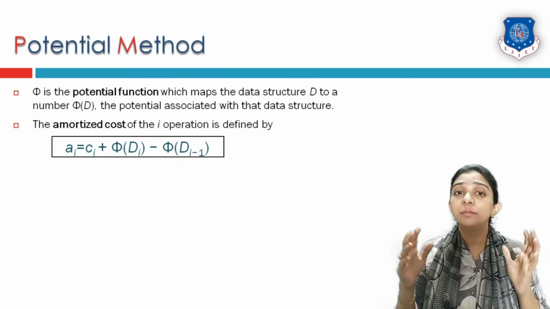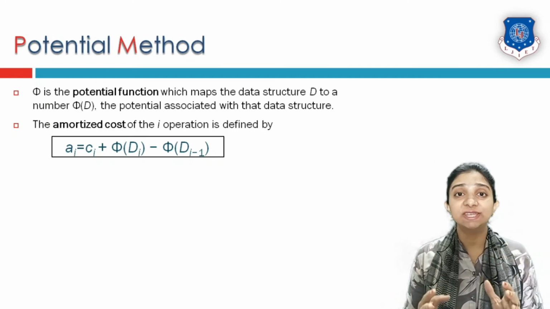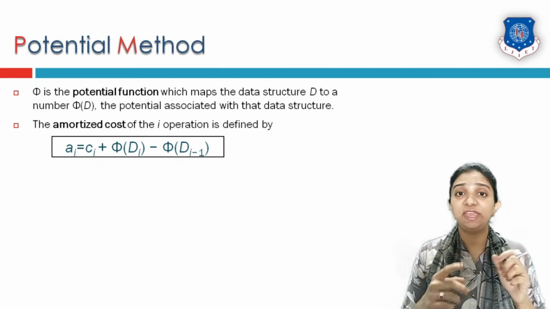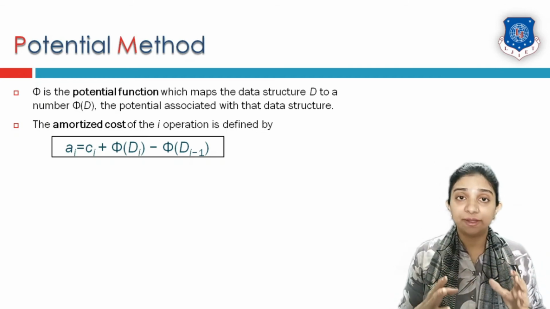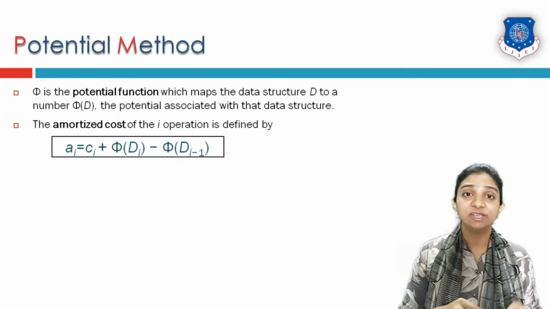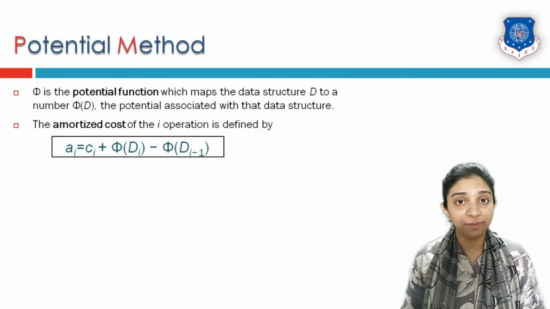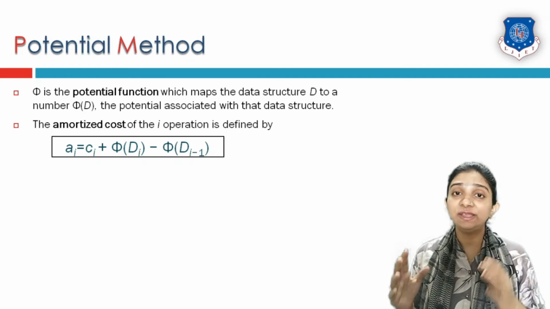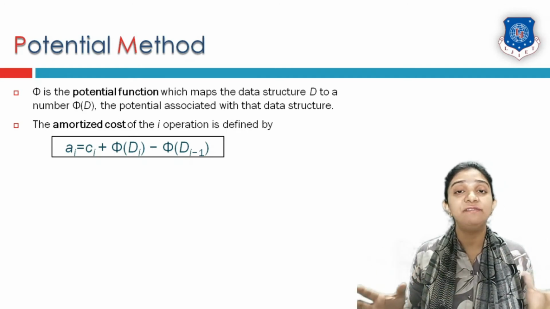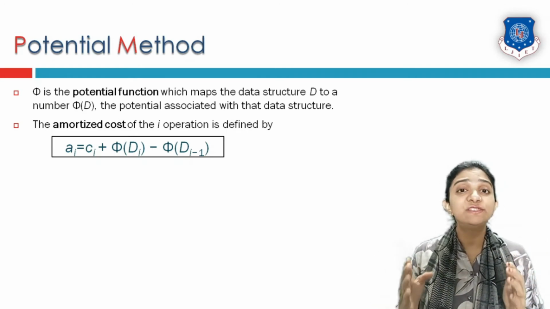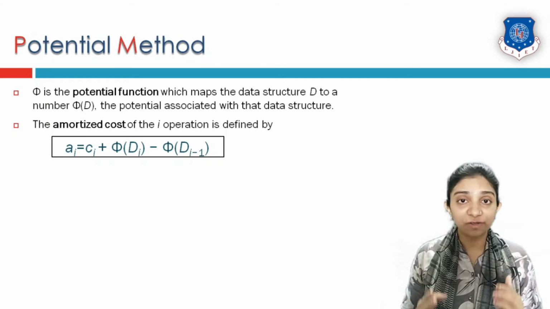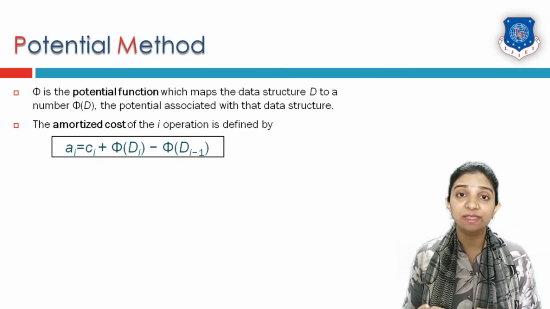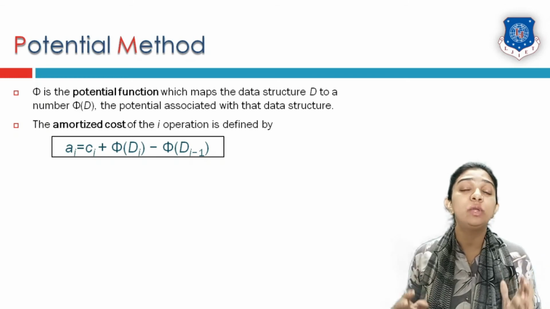So the potential at the previous stage is phi of D(i-1), and the potential at the new stage is phi of D(i). The difference between the current stage and the previous stage is the difference in potential, which is added with the cost of transforming, that is Ci, to give us the amortized cost.